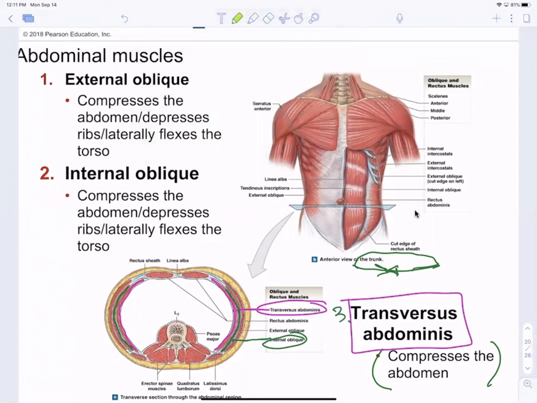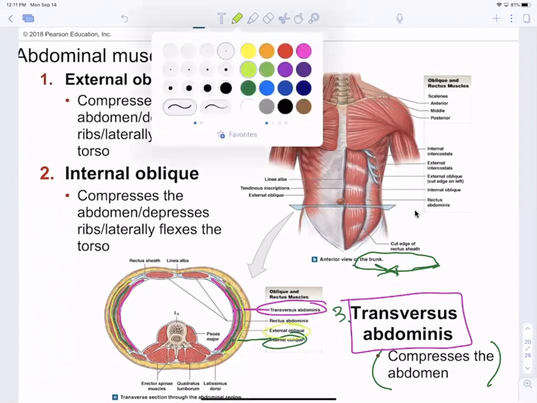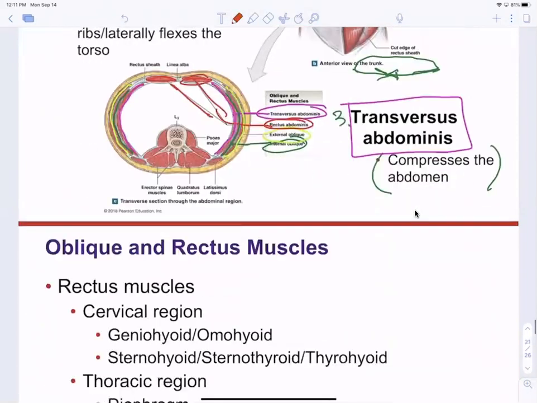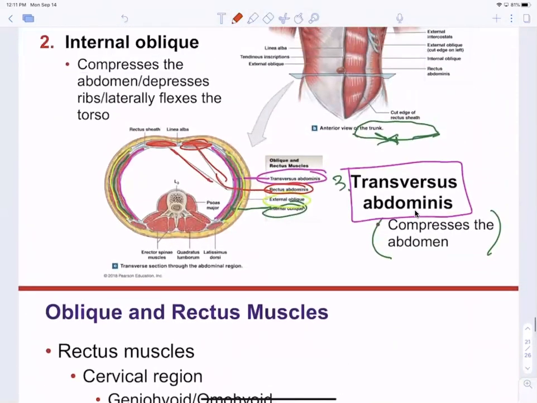And then the next layer out is going to be external obliques. And then you have the rectus abdominis here in the front. And by the way, again, erector spinae. And then you have quadratus lumborum.